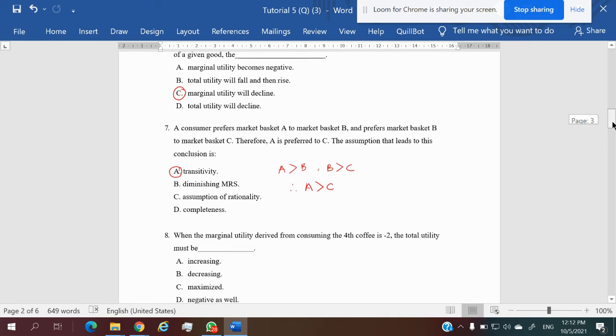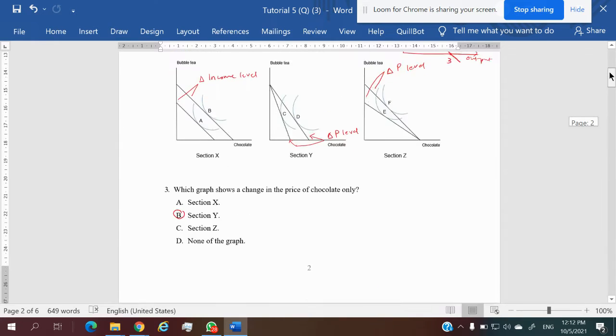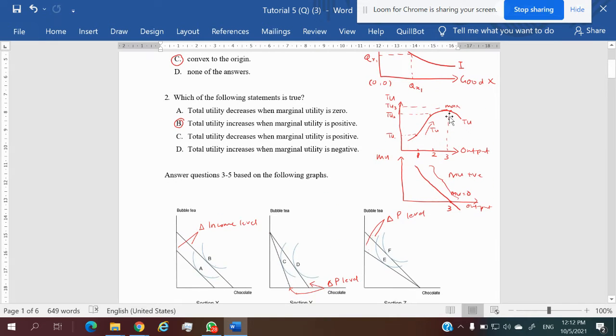Okay, class. Number 8. When the marginal utility derived from consuming coffee is negative 2, this means total utility must be, okay class, for this number 8, you can refer back to the graph that I showed you just now. This graph.